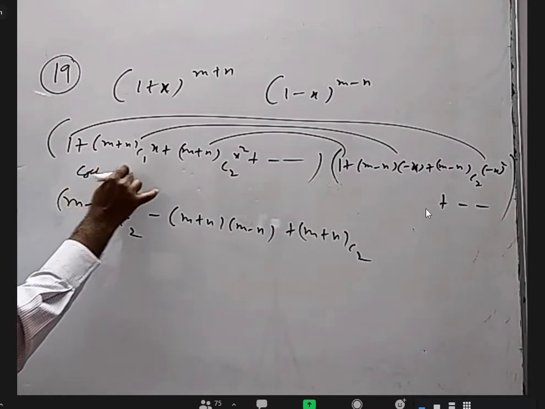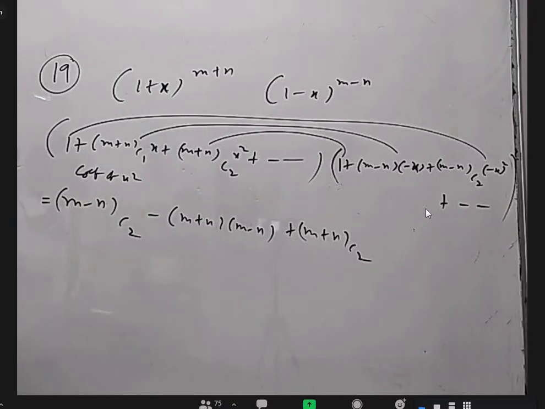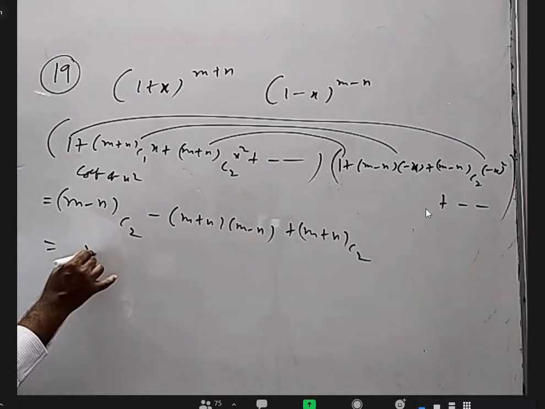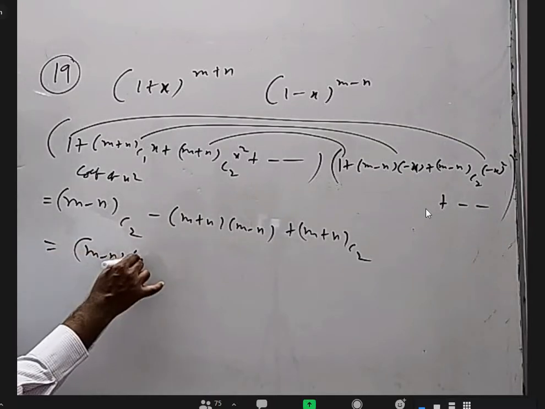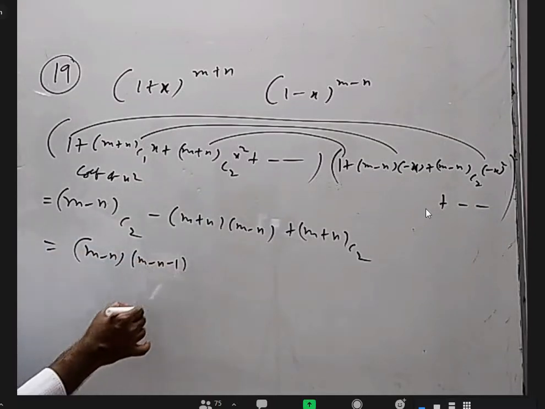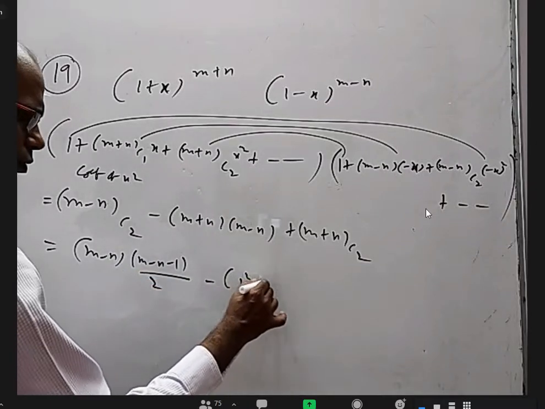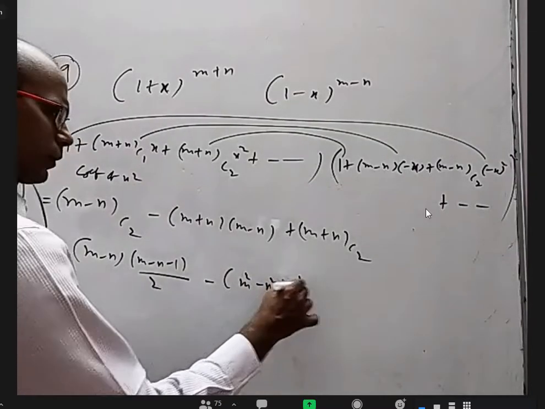Coefficient of x square equal to. Okay, this is m minus n into m minus n minus 1 by 2. This is m square minus n square.